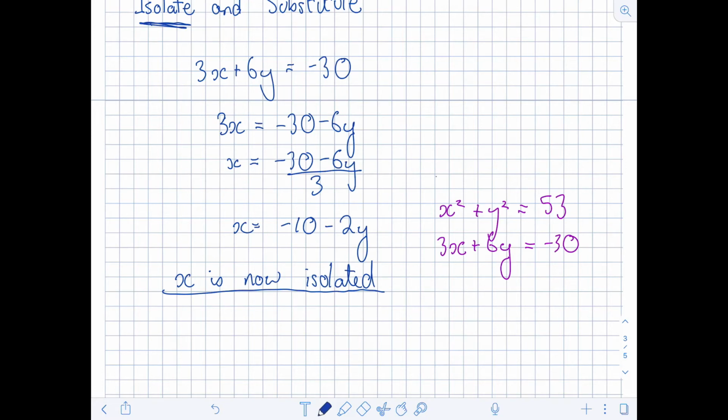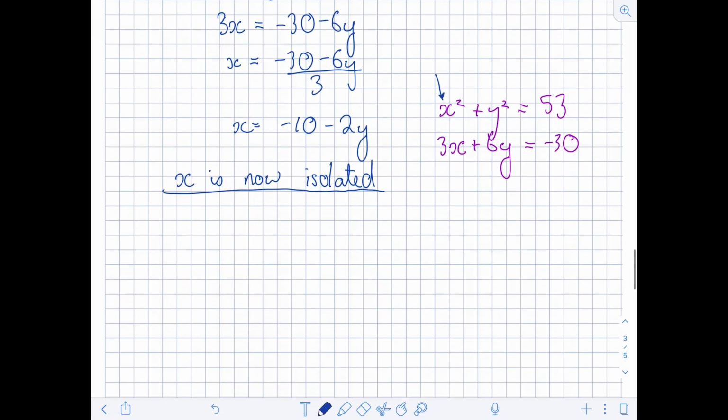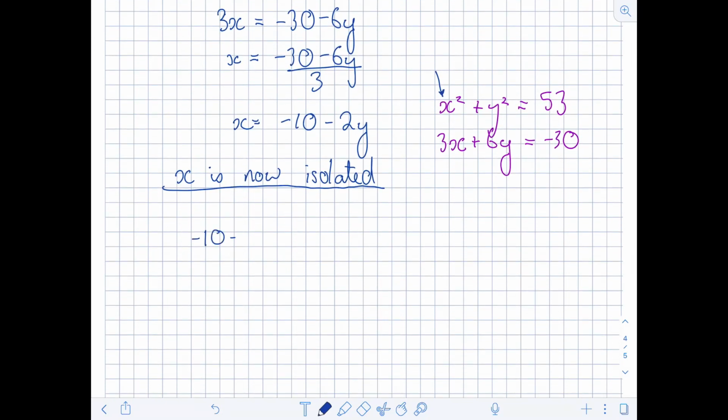So that x there is also equal to minus 10 minus 2y. So I can rewrite the first line as minus 10 minus 2y, all squared, plus y squared equals 53.